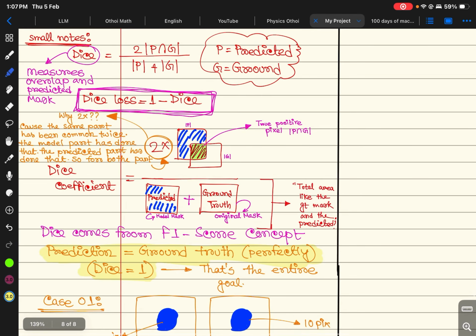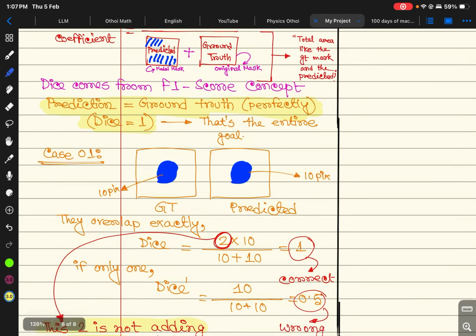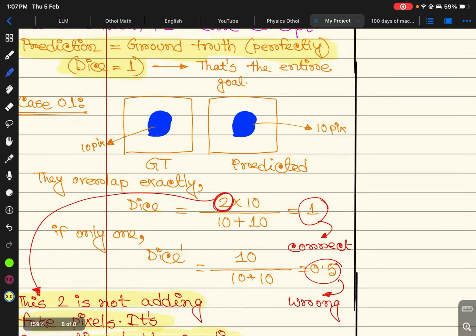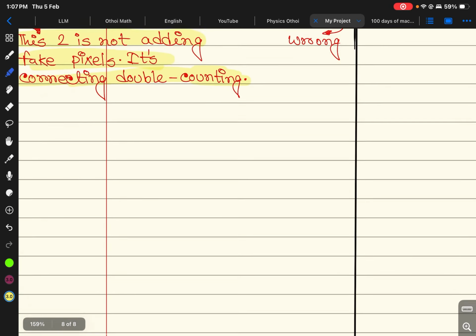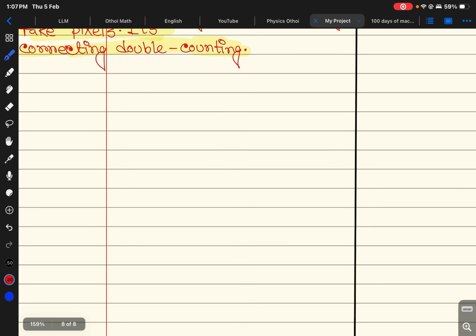of dice. Dice is basically when we are doing some kind of segmentation problems, we would definitely have an image. Suppose it's a tumor image, and we are going to have a ground truth.